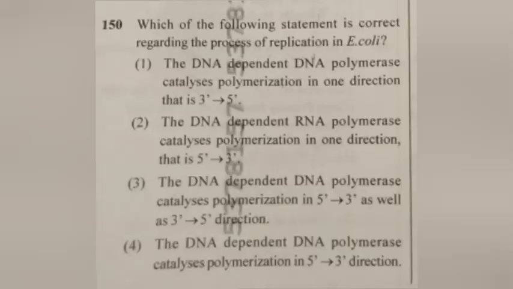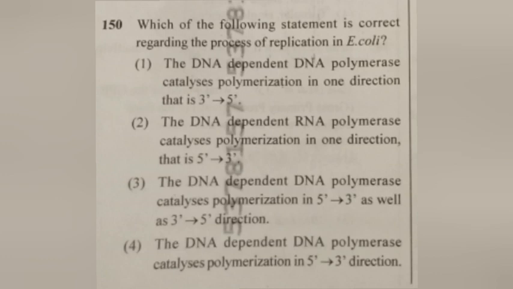150. Which of the following statements is correct regarding the process of replication in E. coli? 1. The DNA-dependent DNA polymerase catalyzes polymerization in one direction, that is 3 to 5. 2. The DNA-dependent RNA polymerase catalyzes polymerization in one direction, that is 5 to 3. 3.